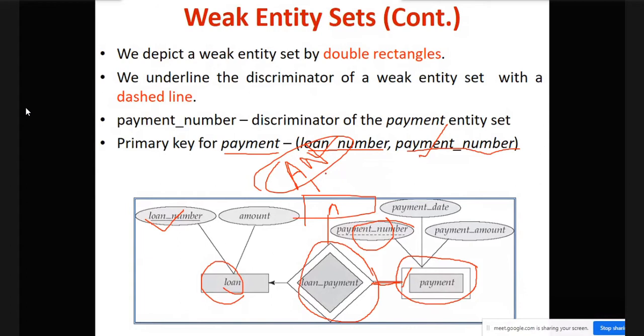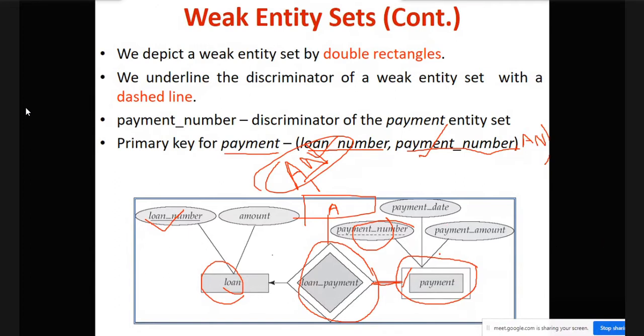If this account number is the primary key for the account entity and it is connected to this relationship, it shows that it is also helping in the identification of my payment. So this account number will also come over here as a primary key for my weak entity set. Okay, clear with this?